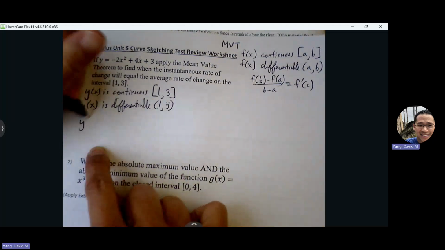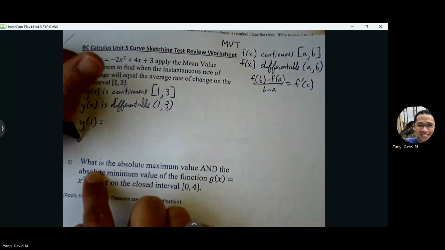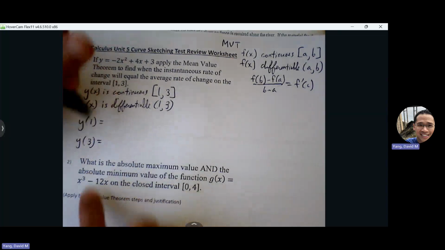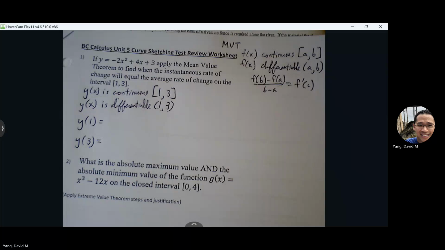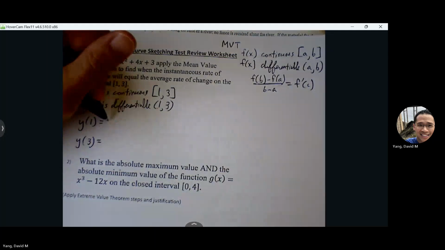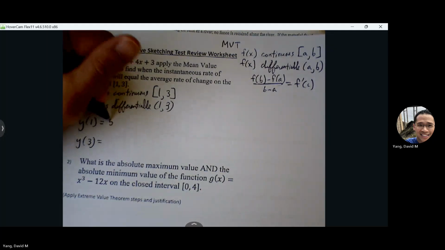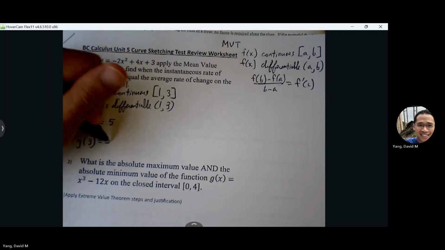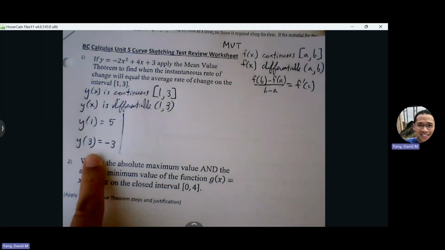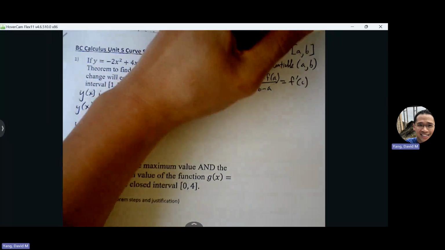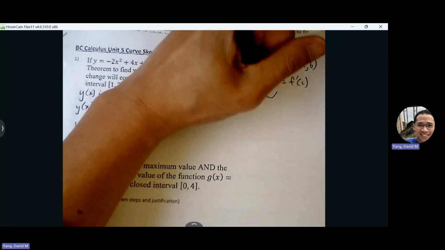So we'll find y of 1. You can use your calculator here if you like. Using this information, you're going to create the average rate of change here.